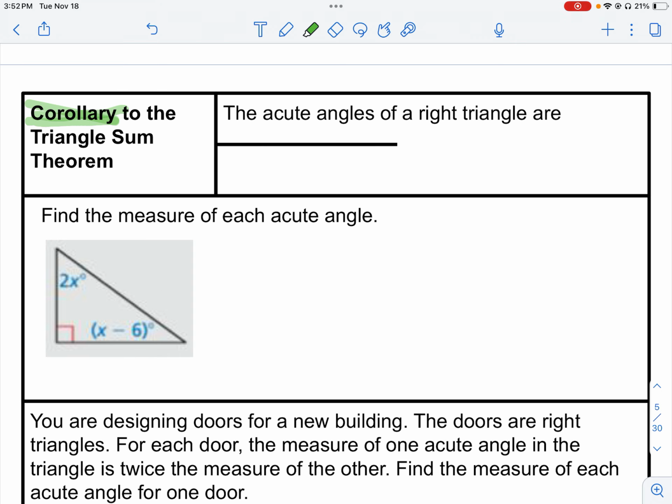So it's a shortcut on the theorem. And so if all three angles of a triangle add up to 180 degrees, and we have a right triangle, so one of those angles is 90 degrees, the two acute angles are going to be complementary.